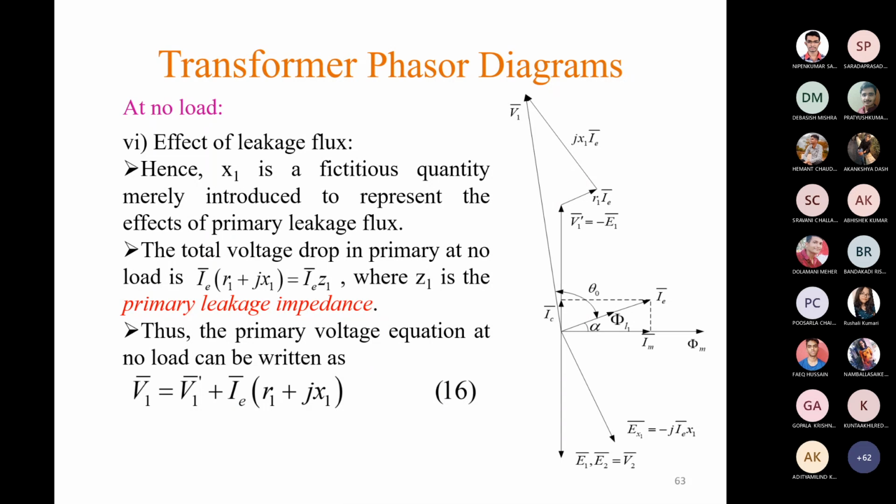As per Lenz's law, we have considered some voltage denoted by the symbol V1 dash. E1 is actually the induced EMF across the primary winding, V1 dash is considered a voltage drop in the direction of current flow in the primary winding, and V1 dash is equal but opposite in direction to E1 as per Lenz's law. So the primary voltage equation at no load condition is given by equation number 16.